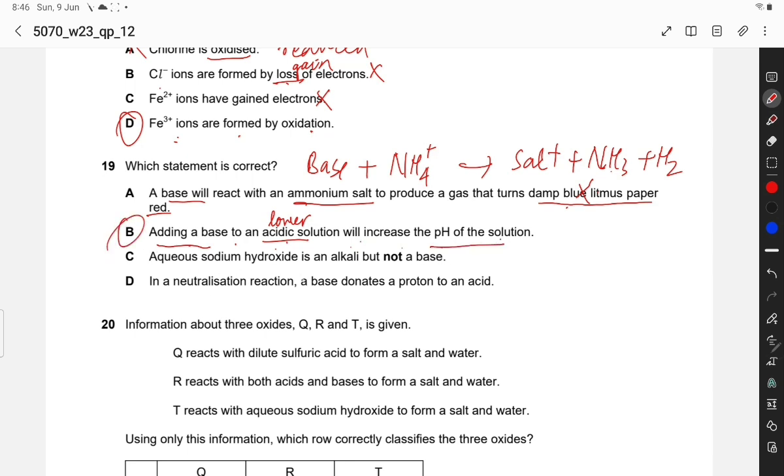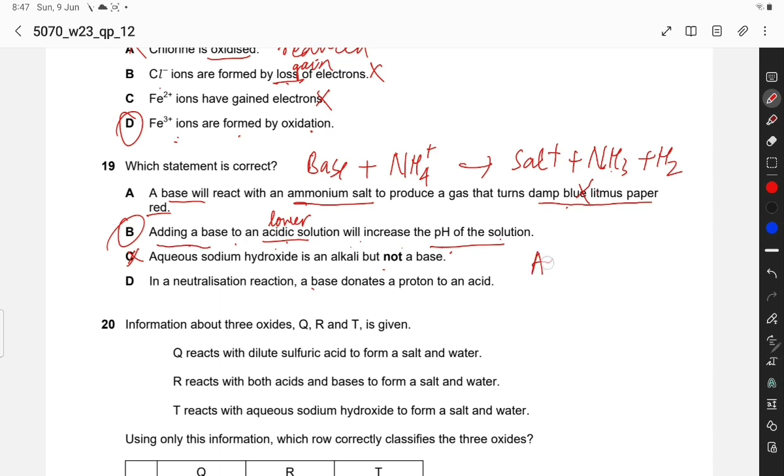Aqueous sodium hydroxide is an alkali but not a base. It is a base, even though it is an alkali, because all alkalis are bases but all bases are not alkalis. So this is incorrect. In a neutralization reaction, a base donates a proton to an acid. Base is the proton acceptor.